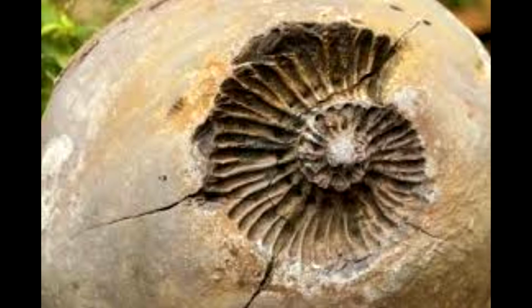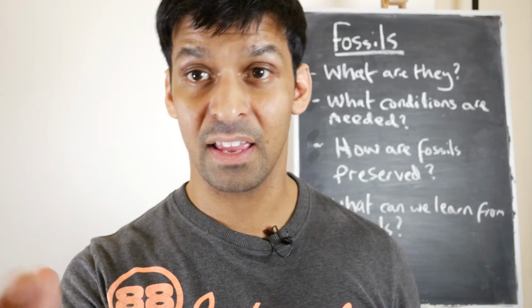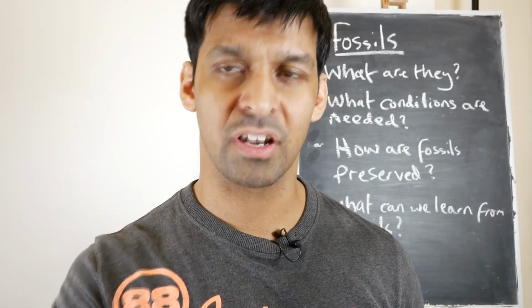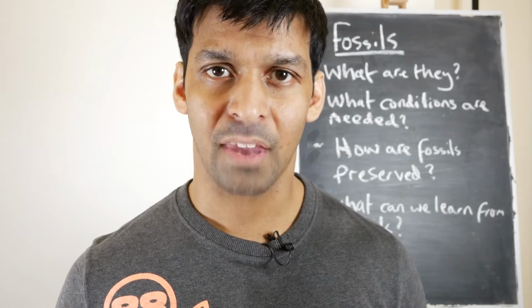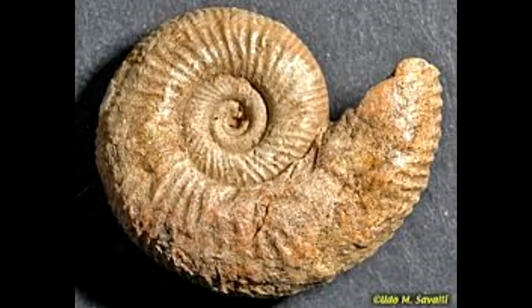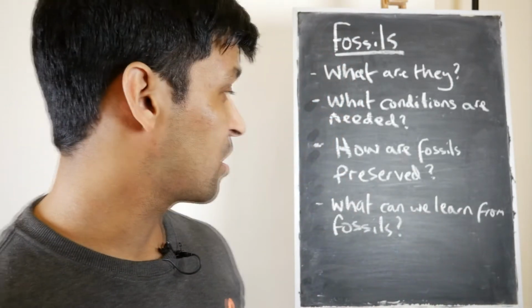Over time, this impression is going to harden, and the original seashell might erode away. That impression is called a mold. When that mold is filled up with sediment, and that sediment hardens, you end up with a cast. Remember, these aren't actually the original organism, it just looks like it. So that is casts and molds.